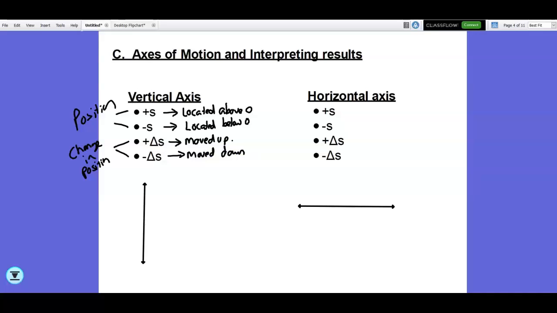Now let's say you're traveling on a horizontal axis. Well, in that case, a positive S would mean that you're located to the right of 0, because on a horizontal axis, the numbers that are positive are to the right of 0, correct? So your object is located to the right of 0. A negative position would mean that you're located to the left of 0.